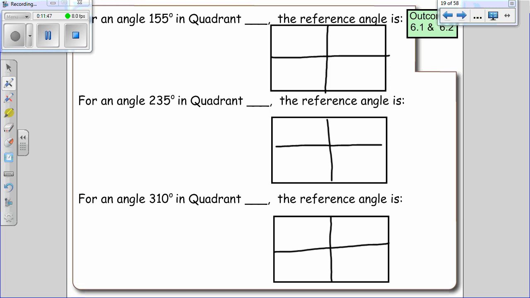So, for an angle of 155 degrees, up here is 90, over here is 180, down here is 270, and all the way around is 360. 155 would look somewhat over there. It's a full-on estimation. That 155 degrees is right in there. It's in quadrant 2.